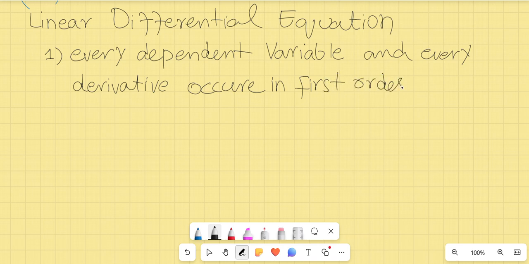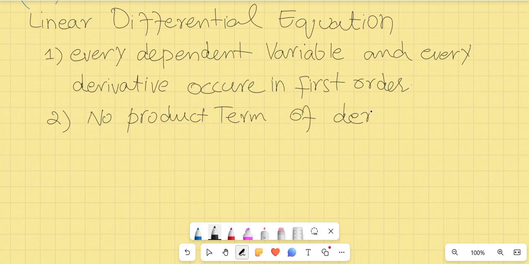And the second condition is that there is no product term of derivatives or variables.